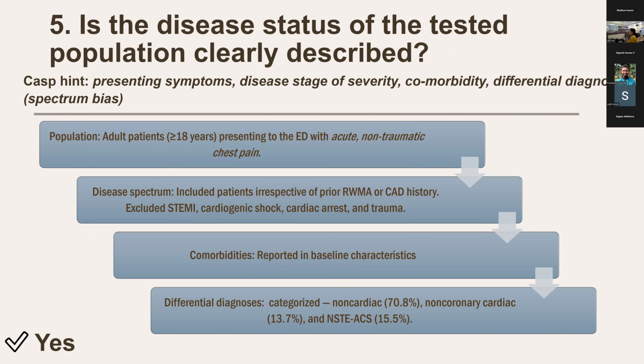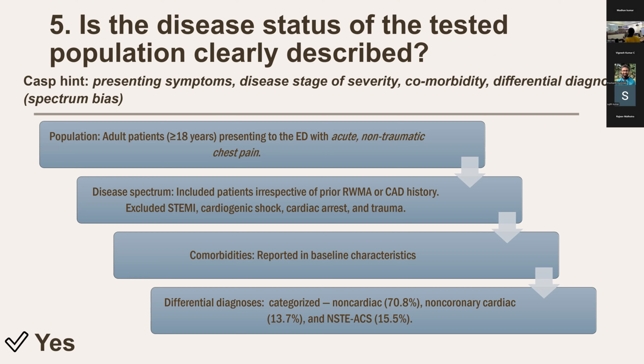The next question is, is the disease status of the tested population clearly described? The hint is you need to look at presenting complaints, disease stage or severity, comorbidities, and the differentials. I gave it a yes because they've clearly defined what the population was: presenting to the ED with chest pain, non-traumatic. They have excluded ST elevation MI and cardiogenic shock, as we mentioned, but that seems reasonable.